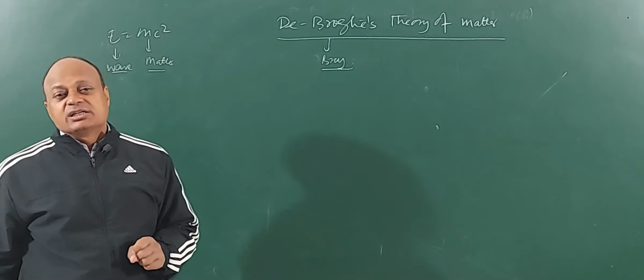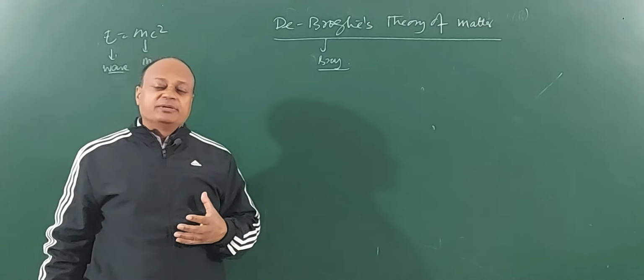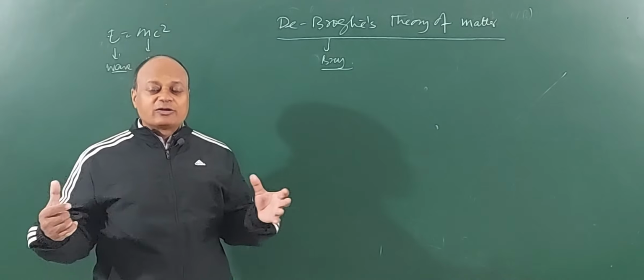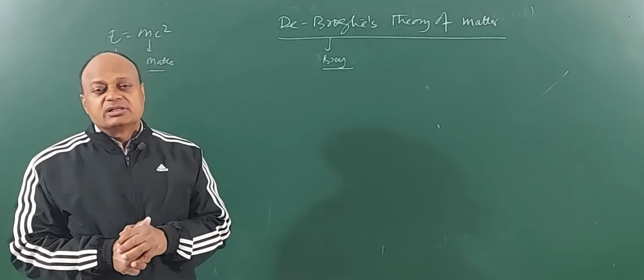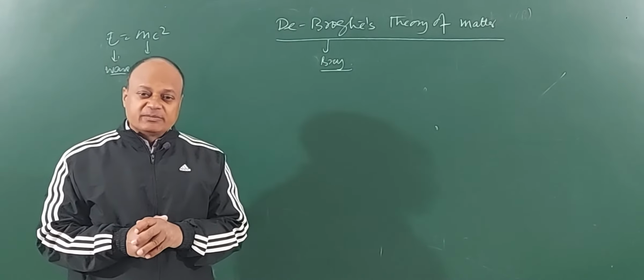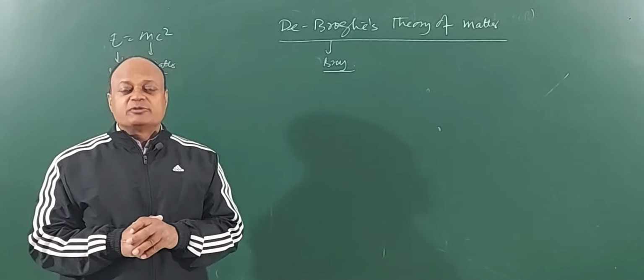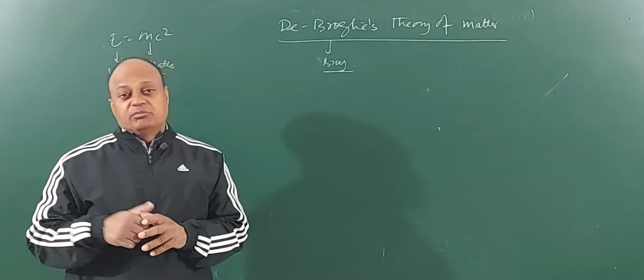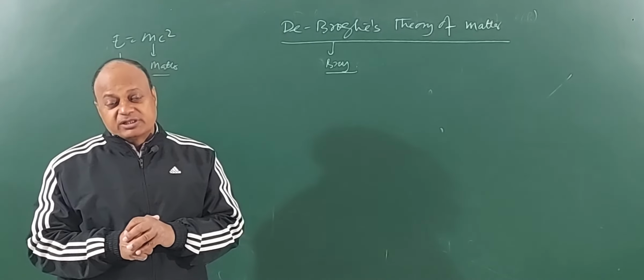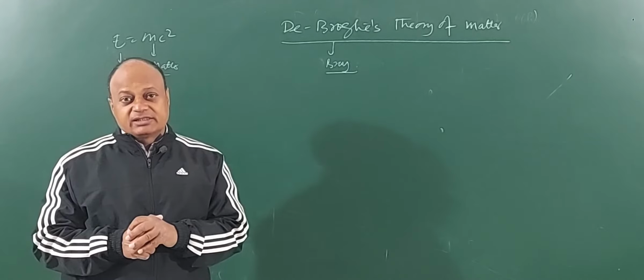The answer is that the wavelength associated with macroscopic objects, large objects, is too small, and we don't have devices to measure them. Maybe in the years to come there will be devices that will be able to measure wavelengths smaller than even 10 to the power minus 34 meter, or much smaller than that.